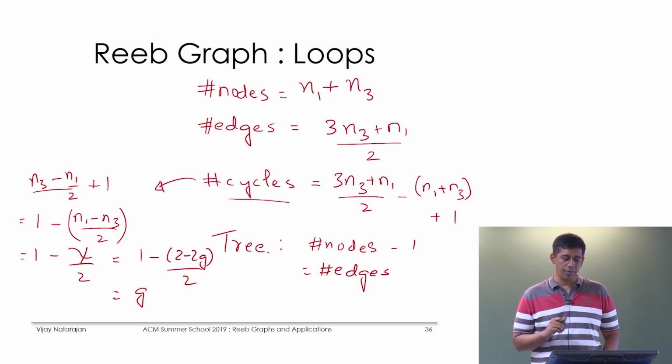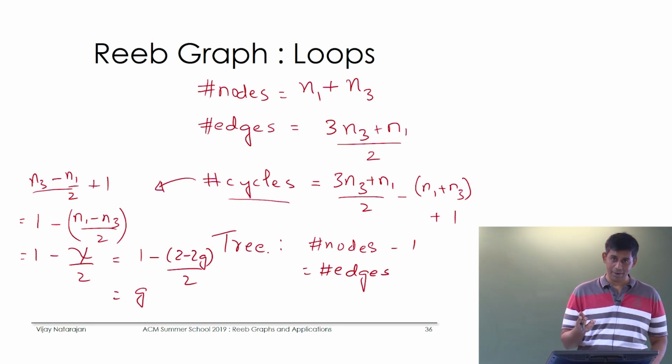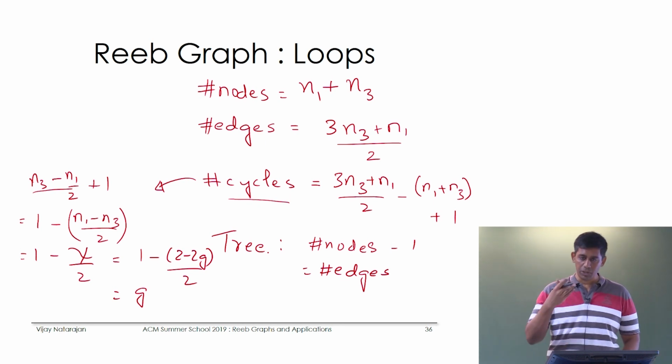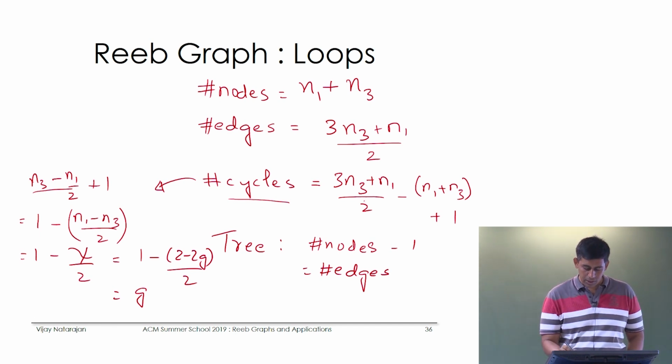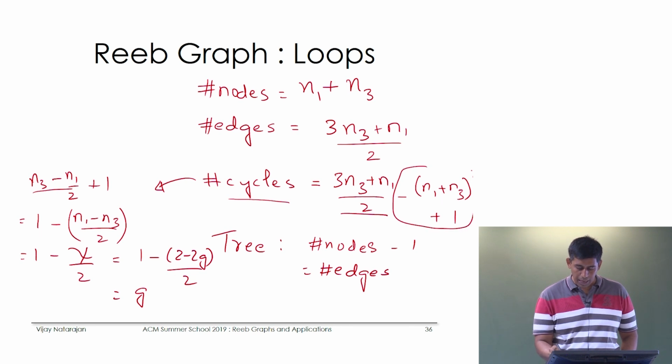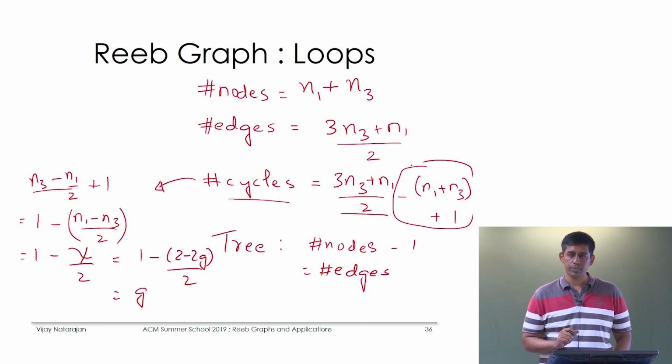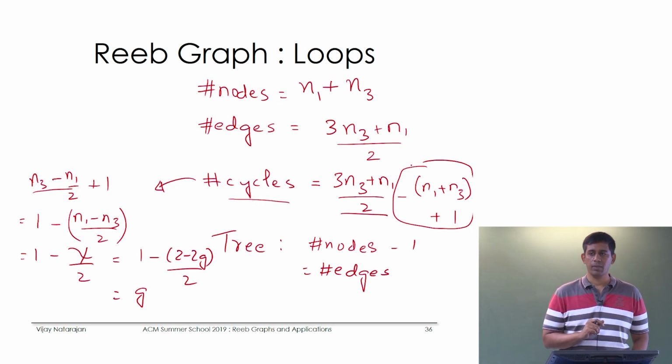If I have a graph and I know it's connected, every additional edge on top of that is going to create a new cycle for me. So I'm counting the excess number of edges on top of the number of nodes minus 1. That's all I'm counting.